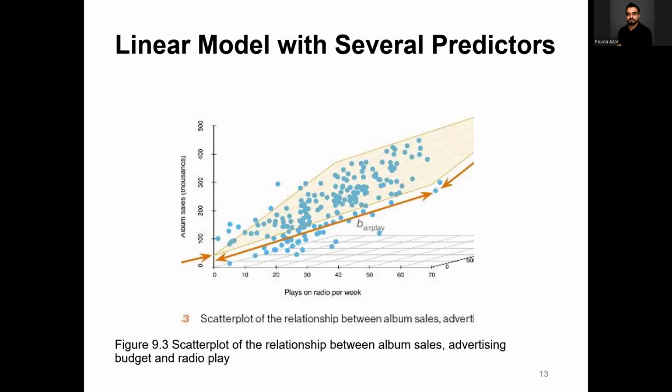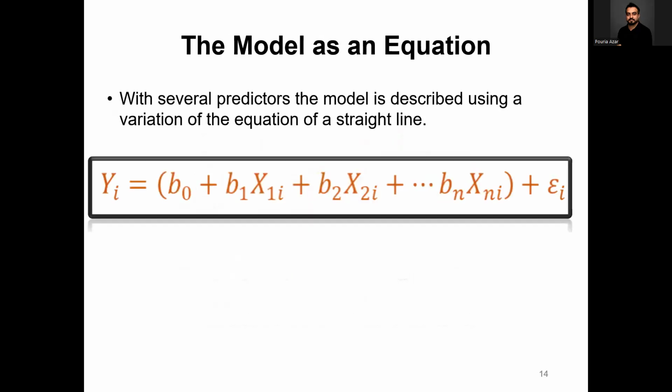Based on this, I can say that there is a relationship between album sales, which is our outcome variable, and advertising budget and radio play, which are my predictor variables. So I can also draw a scatter plot with several predictors.